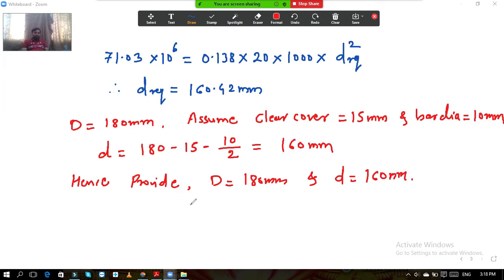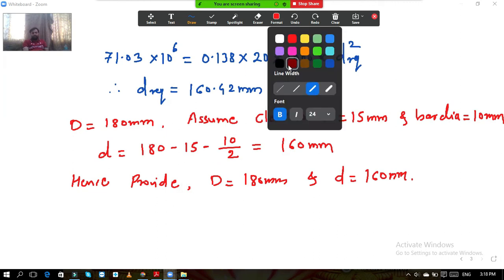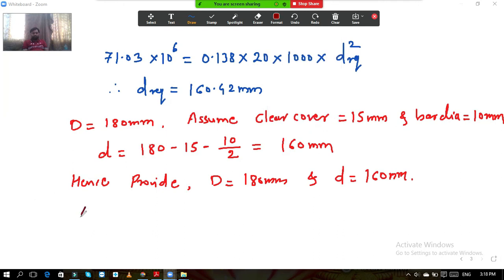So now calculate the AST, area of steel. What is the formula for area of steel now?